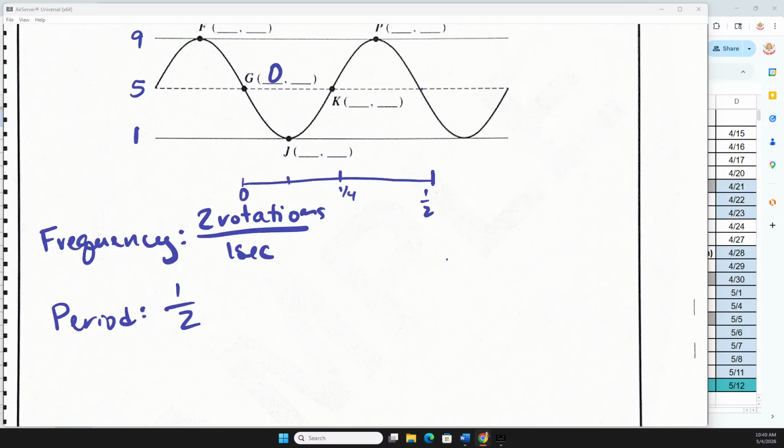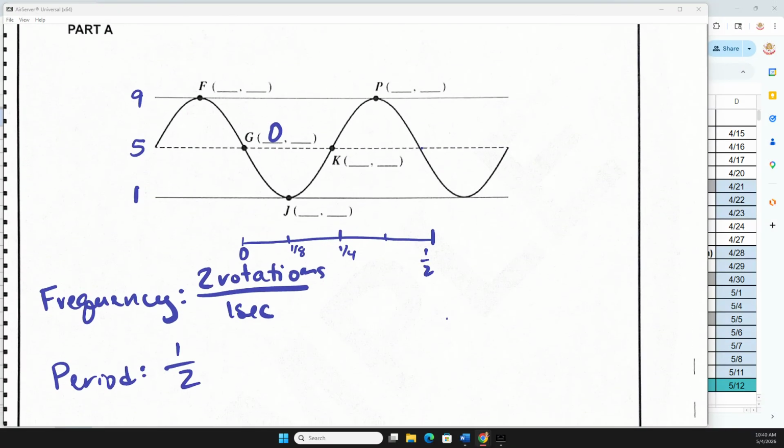What's that going to make J? 1/8. And what's that going to make P? How much are we increasing by each time? How much are we increasing by? 1/8. So we're going up by 1/8 each time. So it's from 0 to 1/8 to 2/8 and then to 3/8.